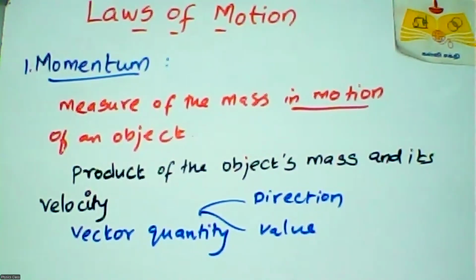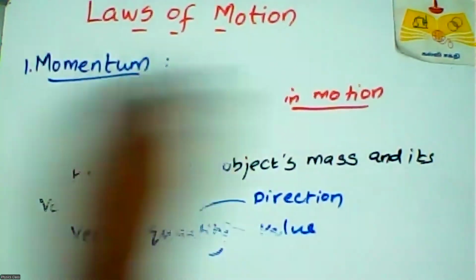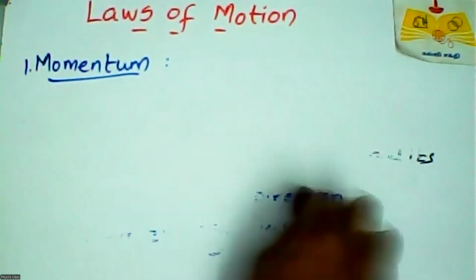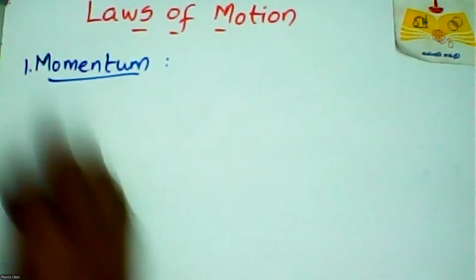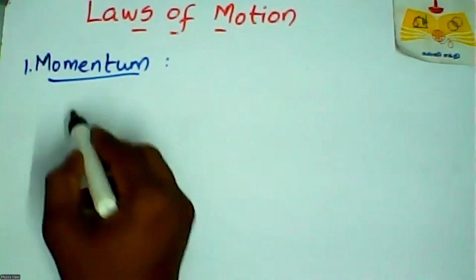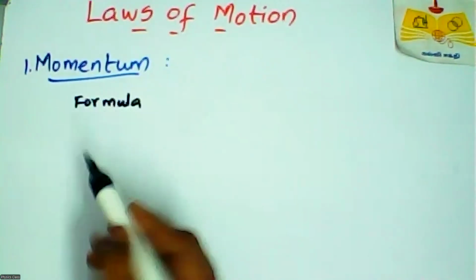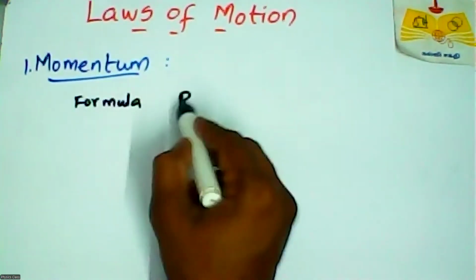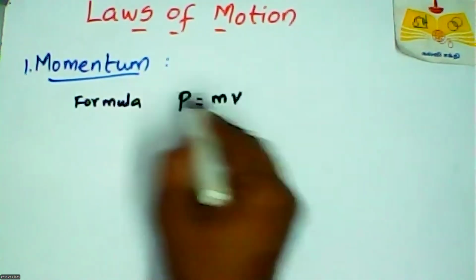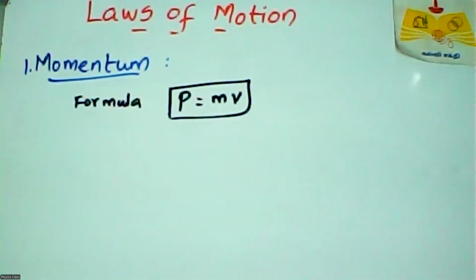So this is the concept, and now the formula for momentum. Already I told you, it is the product of mass and velocity. So the formula for momentum: P is equal to M into V. Clear?